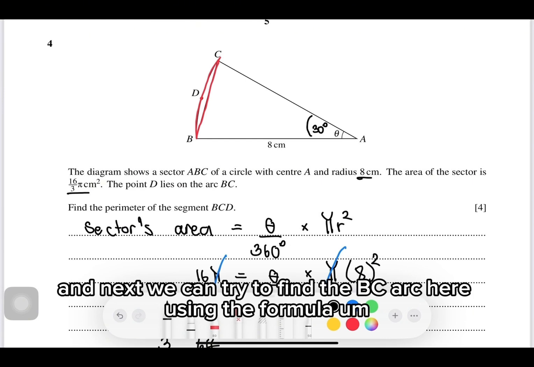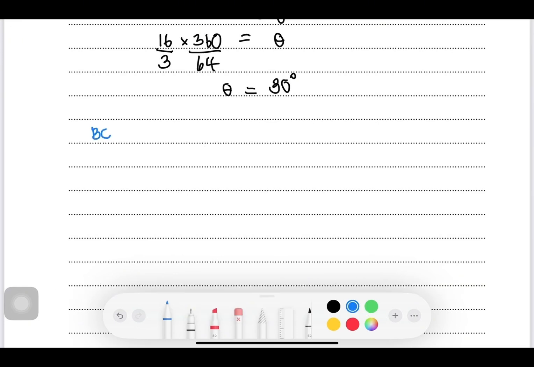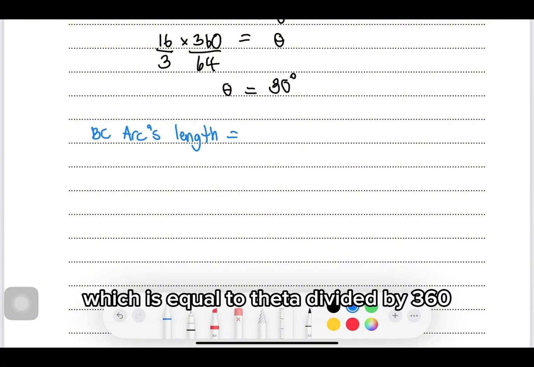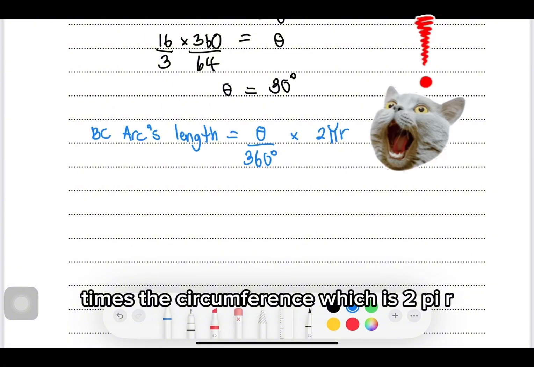And next we can try to find the BC arc here using the arc length formula, which is equal to theta divided by 360 times the circumference, which is 2 pi r.